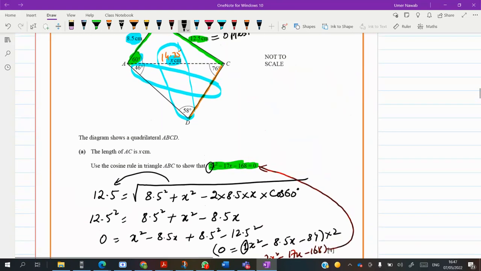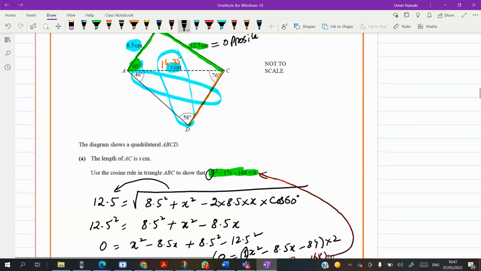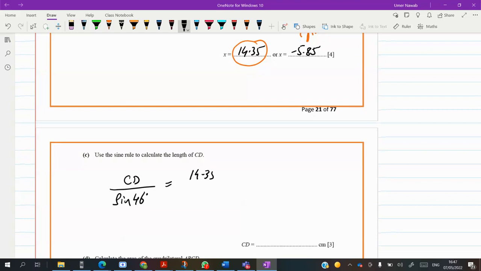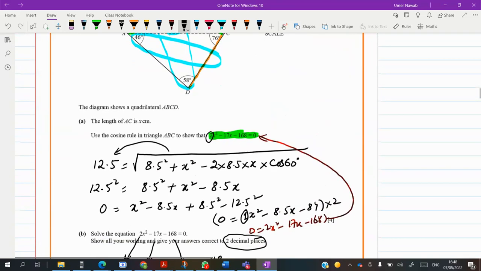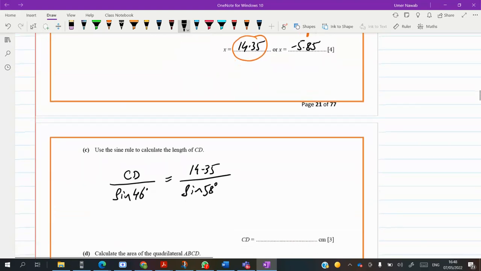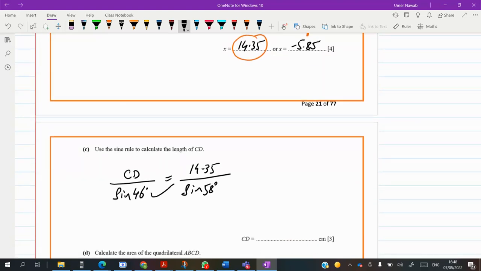and 14.35 over sine of 58. Send the sine 46 to the other side.